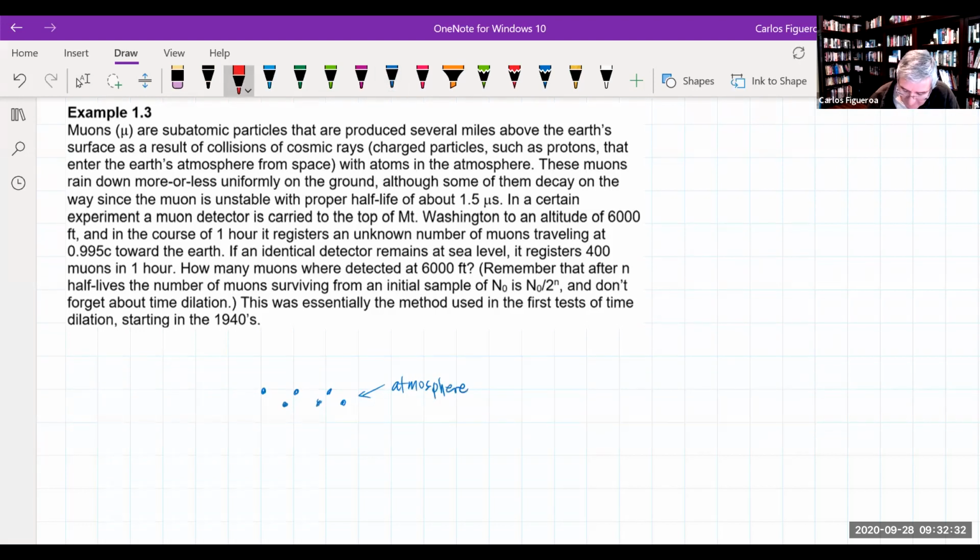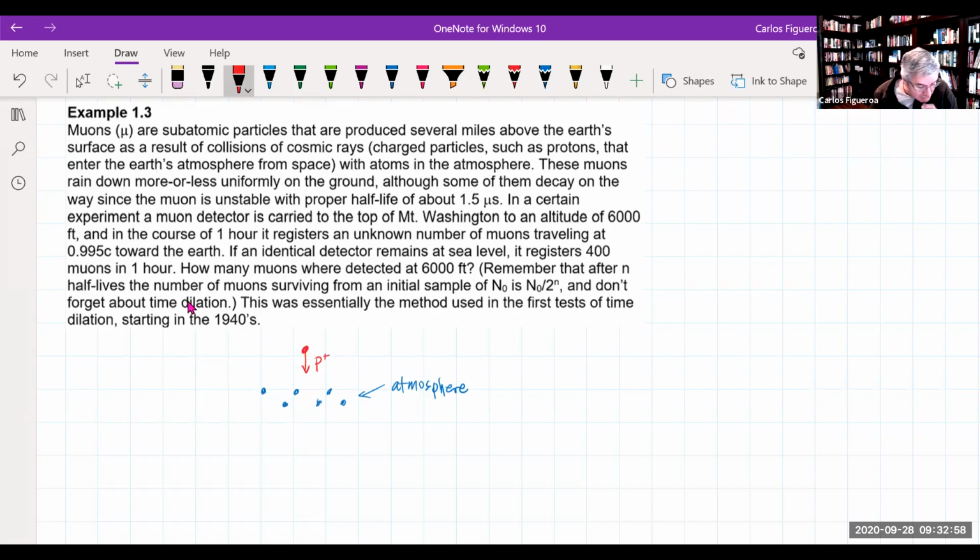And what typically happens is that a proton comes in from outer space. It's a cosmic ray. As this proton comes in, it's going to collide with the nitrogen and oxygen in the atmosphere primarily. There's some other things, but for the most part, it causes some type of interaction.